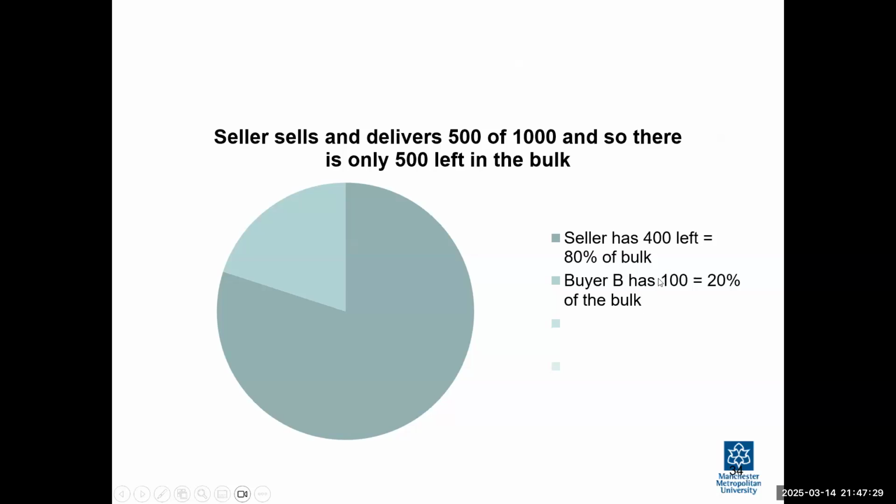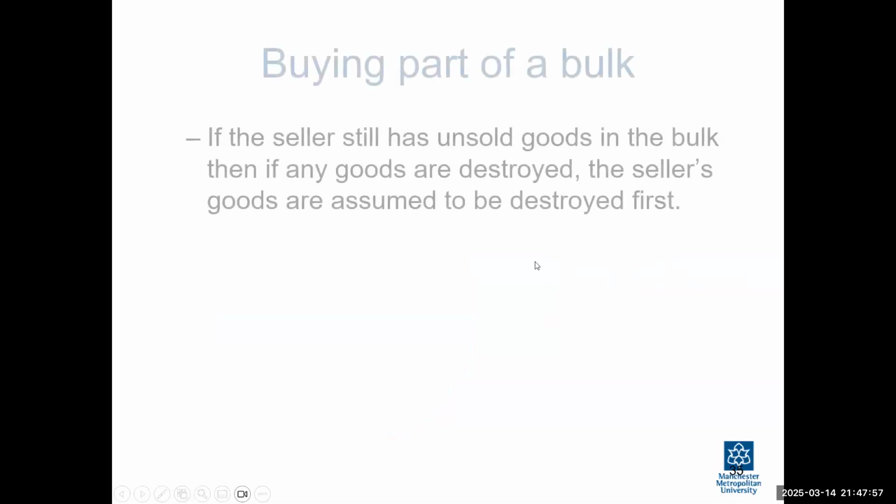The assumption would be that the seller now has 50% of the remainder and the buyer has 50%. Nothing is happening to the balance that is owned by the buyer. Another scenario, if 400 are destroyed, we would assume that the seller has no oranges left and the 100 that is not destroyed belongs to buyer B.